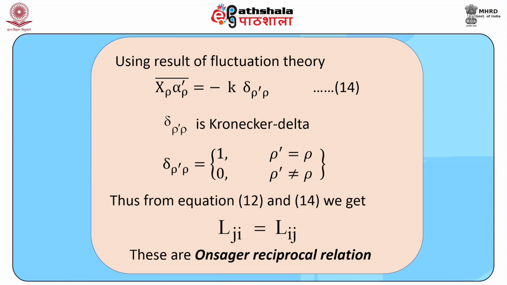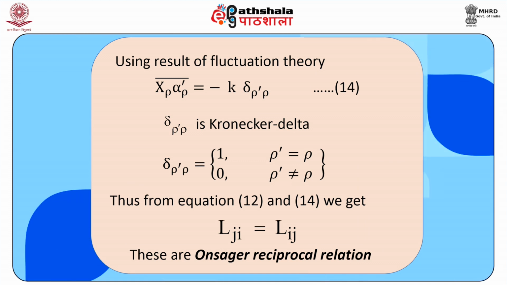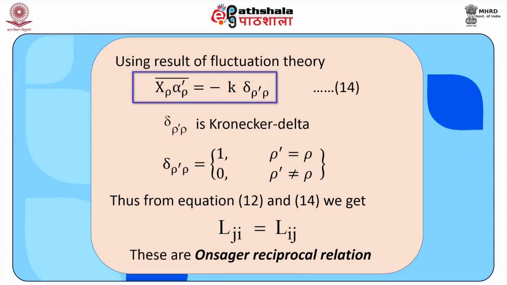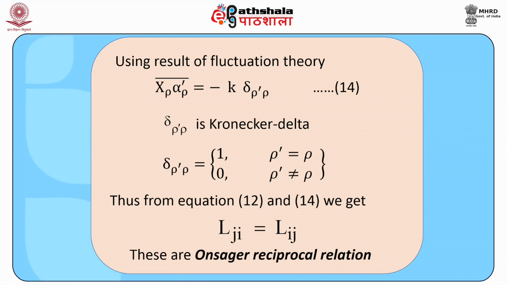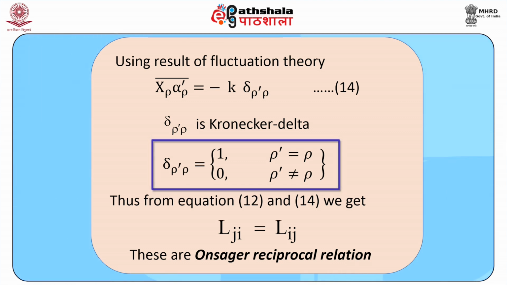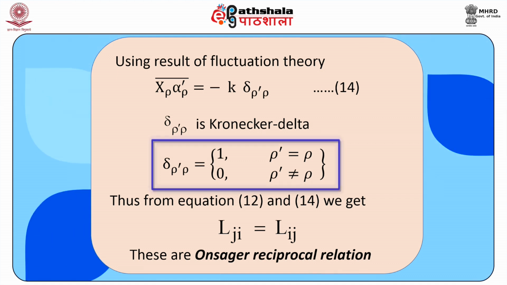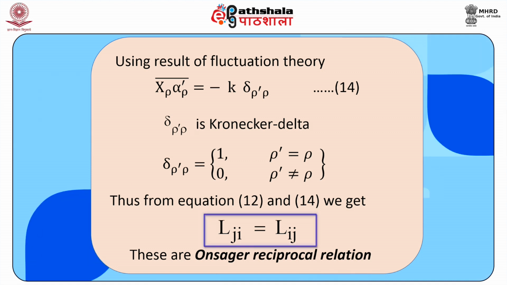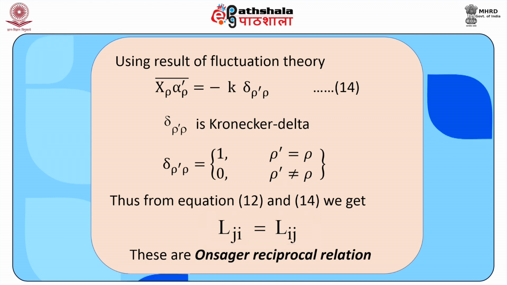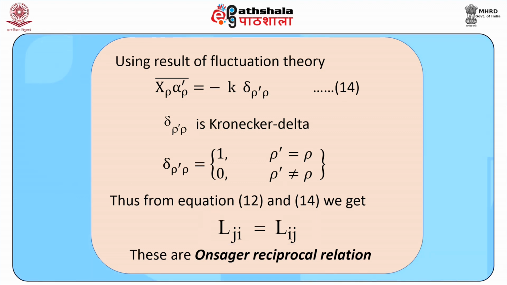Using the result of fluctuation theory, ultimately we get equation 14, where k is a constant and delta rho prime rho is the Kronecker delta. That is, the value of the Kronecker delta is equal to 1 when rho prime is equal to rho and is equal to 0 when rho prime is not equal to rho. Thus, from equations 12 and 14, we get Lji is equal to Lij. These are the Onsager reciprocal relations.